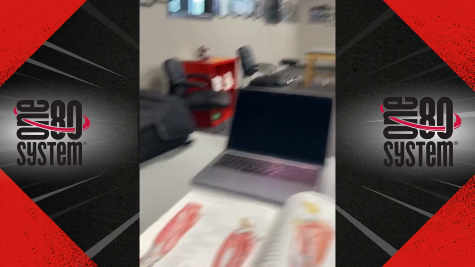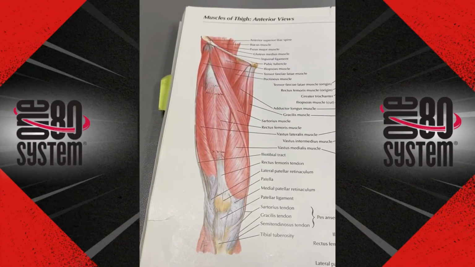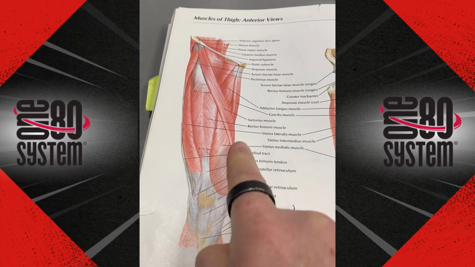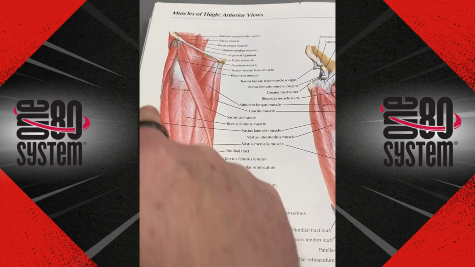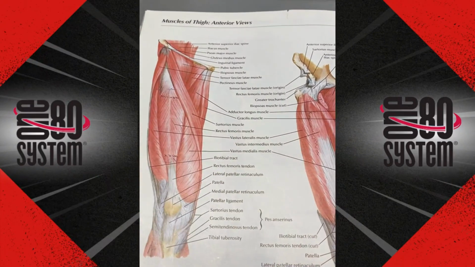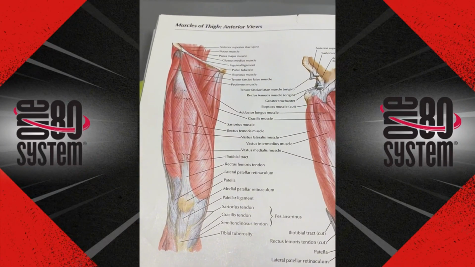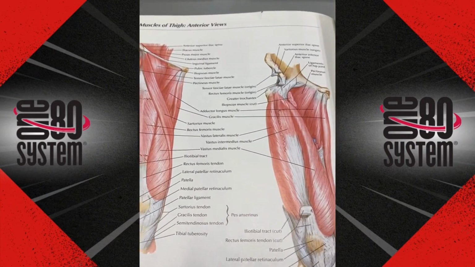So if we take a look at Netter, here are your quads. Now, notice that your vastus medialis has a different pennation angle than your vastus lateralis, which is different than the way your rectus fem runs, and how unique that is. Also, if that's not clear enough, let's take a look at your adductor magnus.